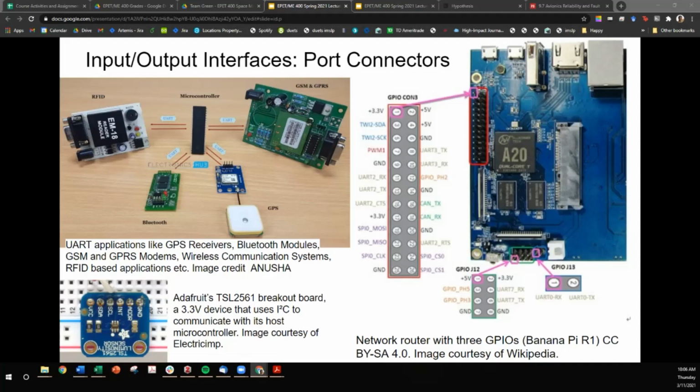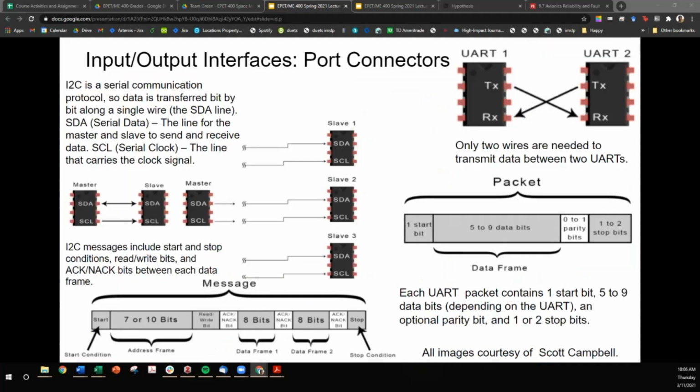Okay, so this is what it looks like when you're looking at the hardware. Now, this is what it looks like for electrical schematic diagrams and for message packets. So UARTs, remember we have one node that we want to connect to another node.